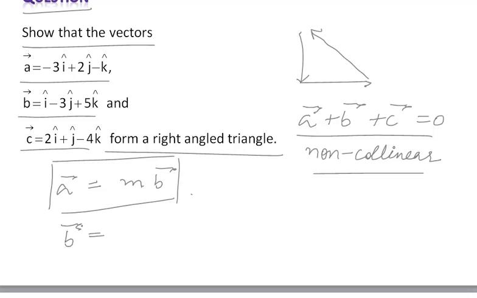Vector B is, let us say, given as -6 i cap plus 4 j cap minus 2 k cap.